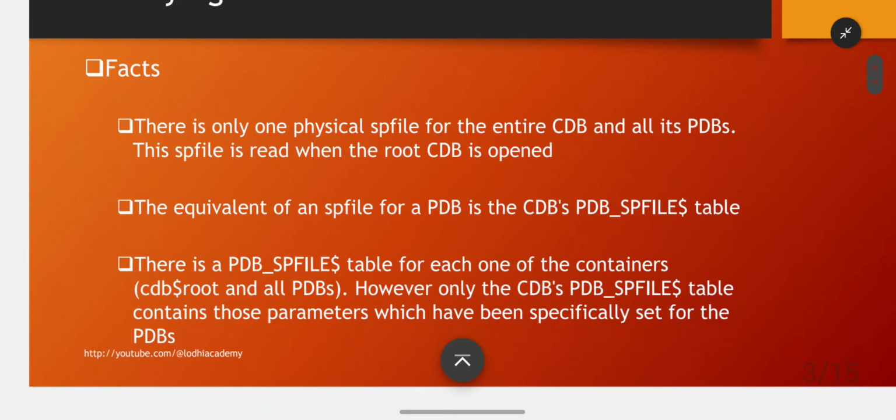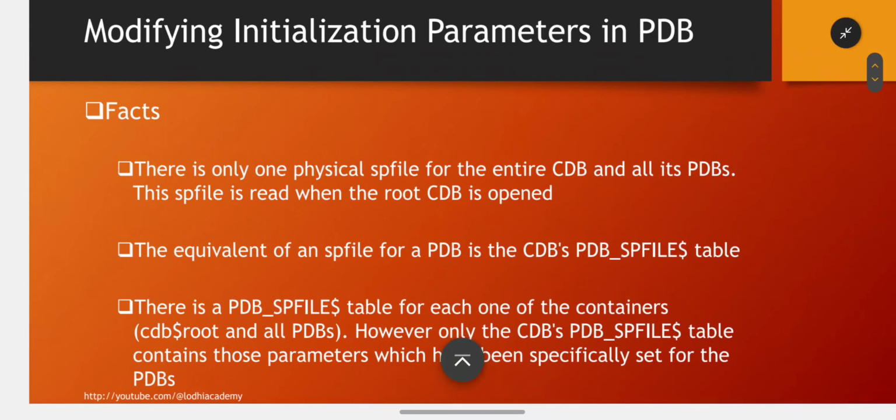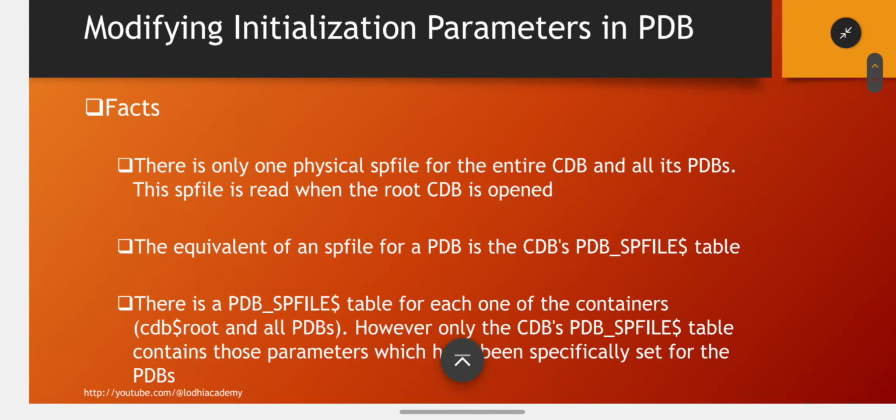There is only one physical SPFILE for the entire CDB and all its PDBs. This SPFILE is read when the root CDB is opened. The equivalent of an SPFILE for a PDB is the CDB's PDB_SPFILE$ table.